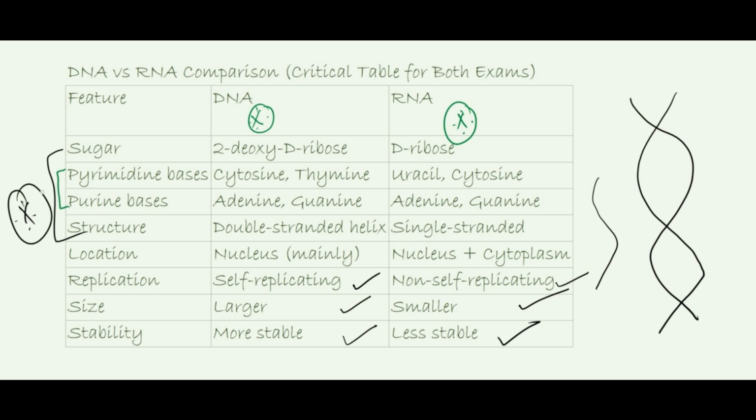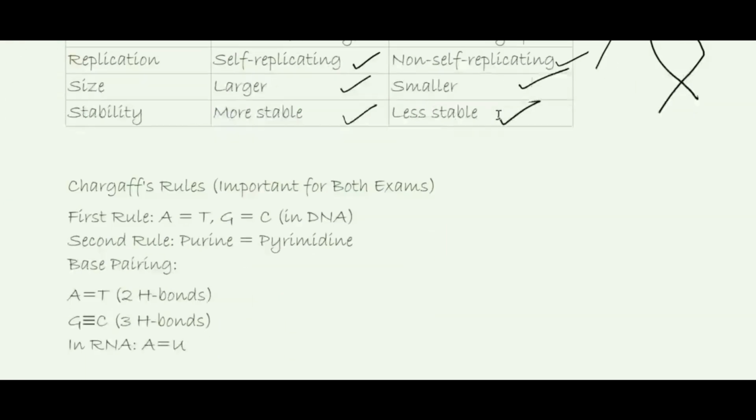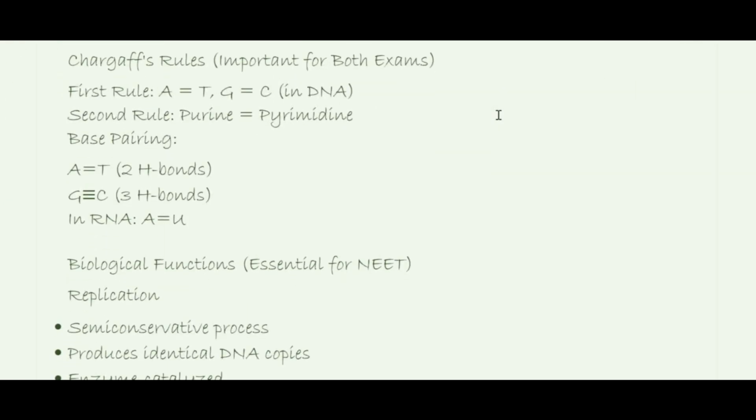Then another type of question can be asked from here, that is from this rule. Chargaff's rule. Whether it is NEET or mains, advanced, or any other examination, this is important.